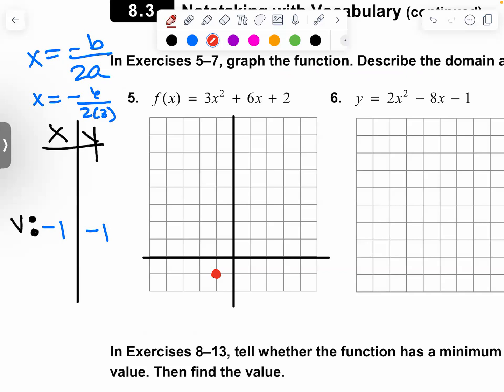So if I have x as -1, how about I pick 0 and -2 to plug in? How about I pick 1 and -3 to plug in? If I pick a couple to the right and a couple to the left, I can get my shape.